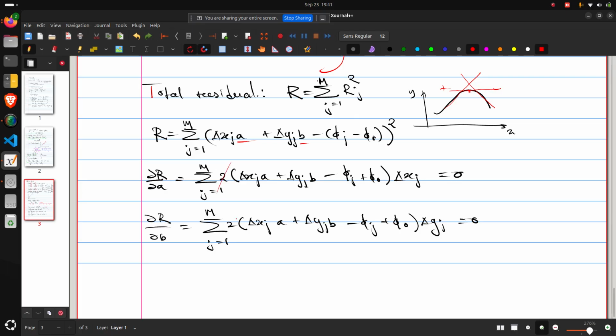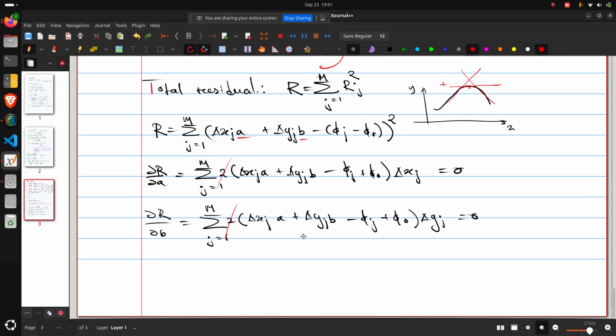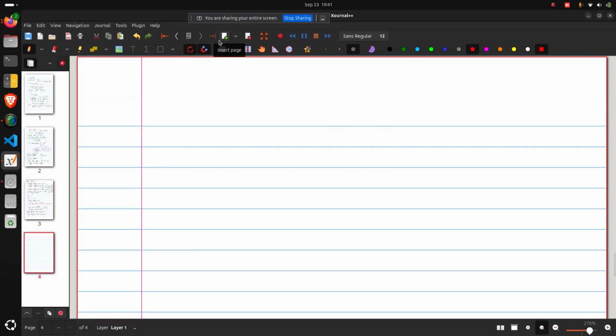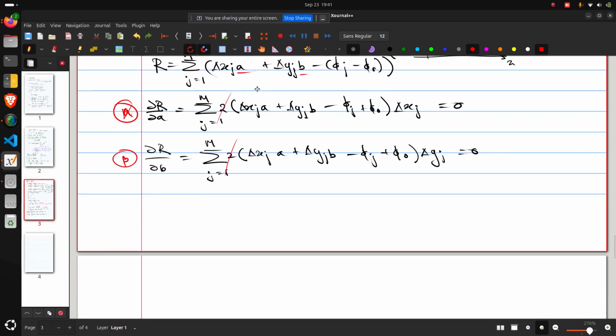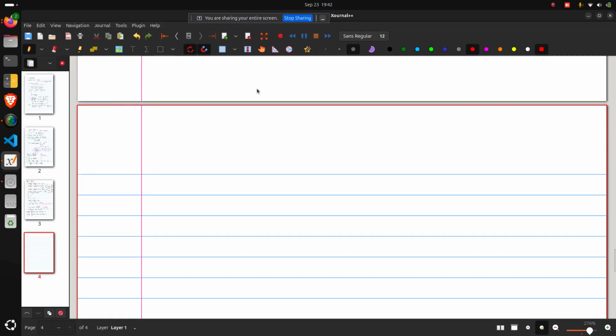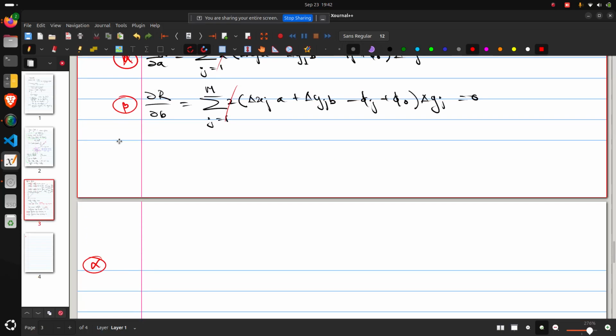We will cancel these terms, and what will be the equation? Let us write it as equation alpha and equation beta, so we do not get confused. Now we will expand this alpha equation and beta equation and see how it looks.